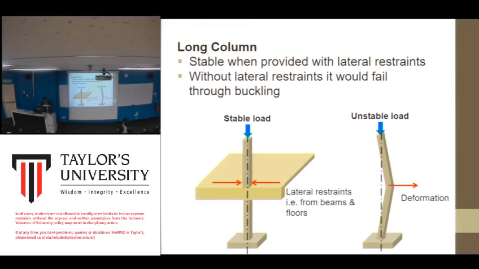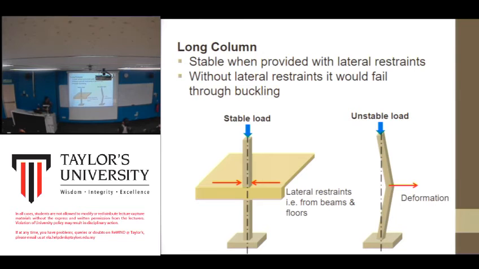Okay. So let's say the same column, one with lateral restraint like this, where you have a slab and beams, and another one without the lateral restraint. If let's say both carry the same amount of load, for example 100 kilonewton, maybe this column can only support 100 kilonewton.